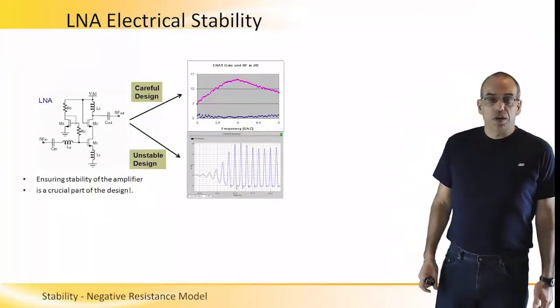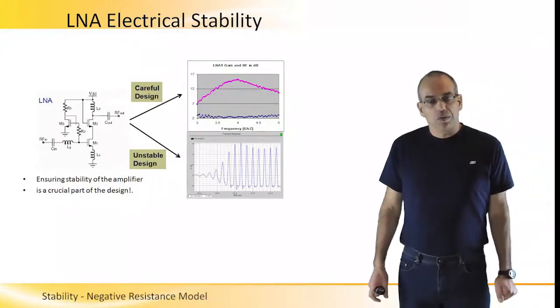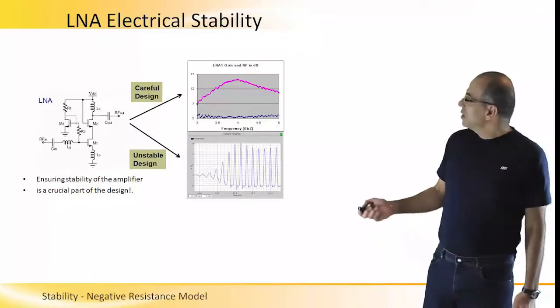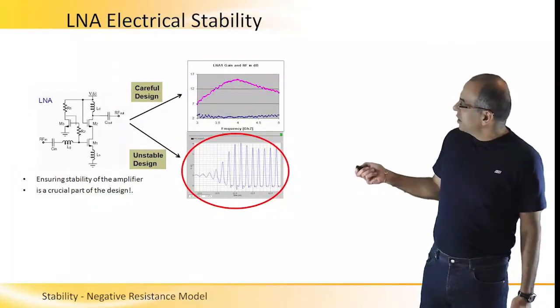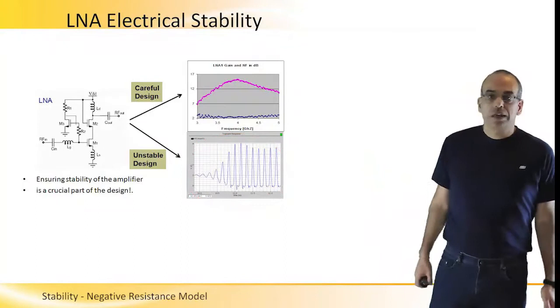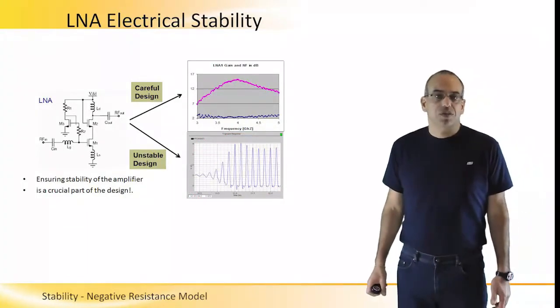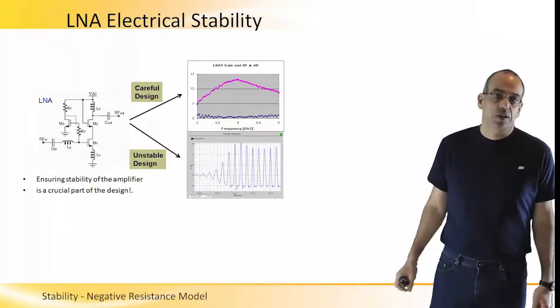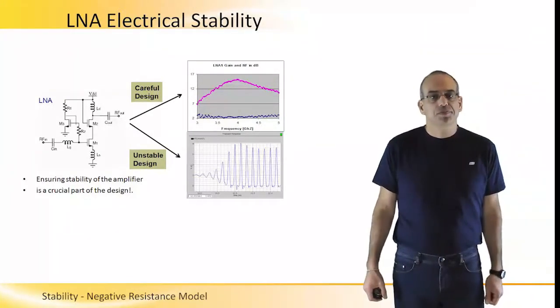However, if we will not be careful and we will not take care of the stability and will not understand stability issues, we will find that in time domain our LNA will generate such oscillations, and it will not be useful at all. So it's not functional. So we must understand stability.